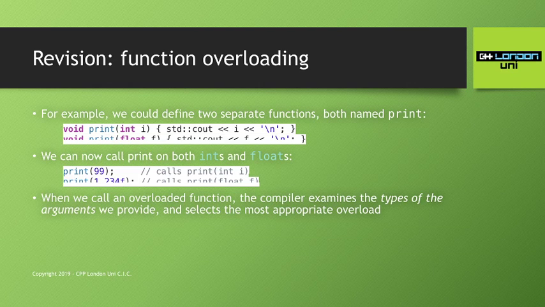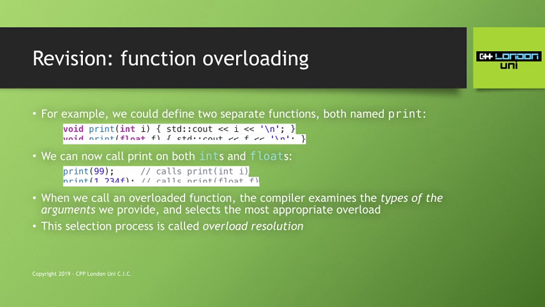Neither of them is an exact match, so it's going to look at which one's the best match. And it's actually going to select the float option because that's a better match for a double than a conversion to an int, although both conversions are valid. So this process of trying to match the argument types to the parameter types is called overload resolution.